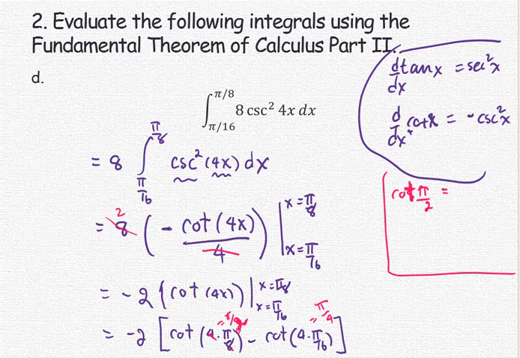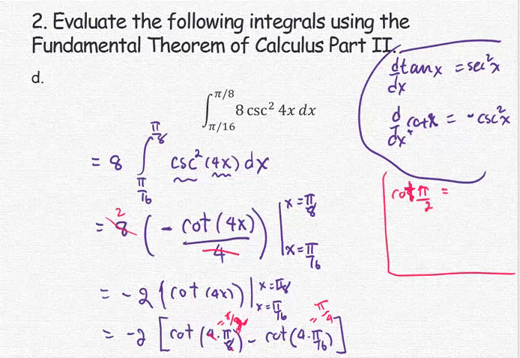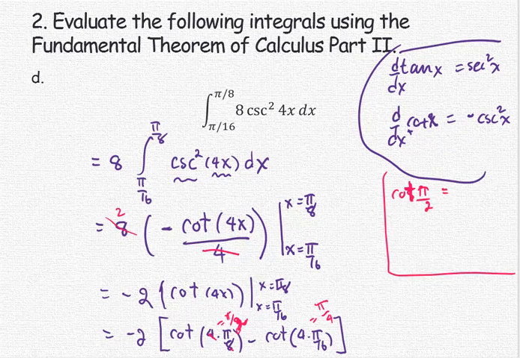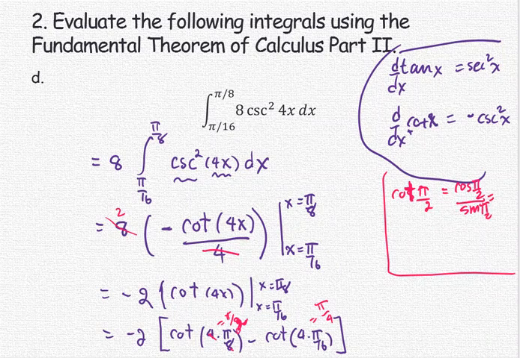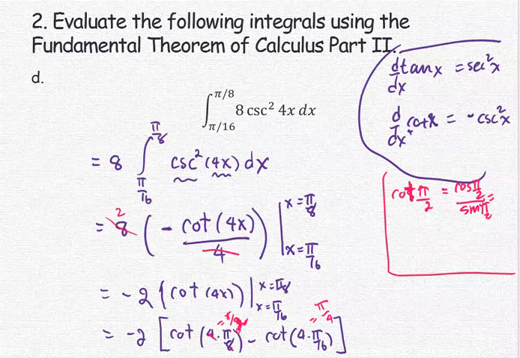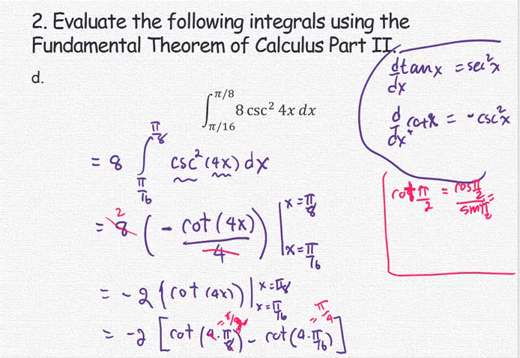Cotangent is formed from what two functions? Cosine divided by sine. That's correct. So cosine pi over 2 divided by sine pi over 2. This way, it might be easier to think about the values we're going to use.